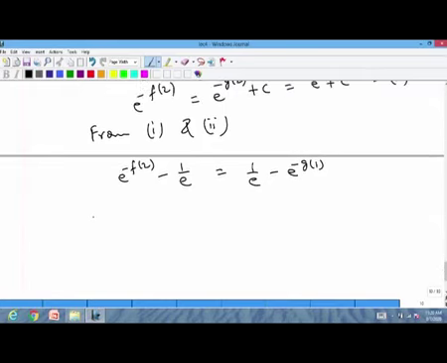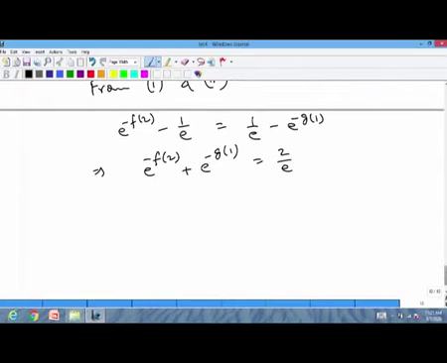So, this implies e to the power minus f of 2 plus e to the power minus g of 1 is equal to 2 by e. Now, we know that exponential is always positive.